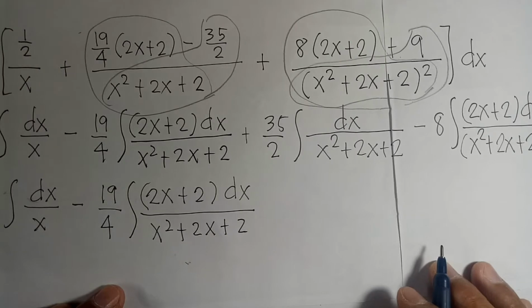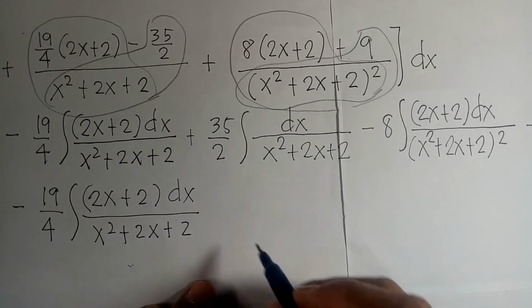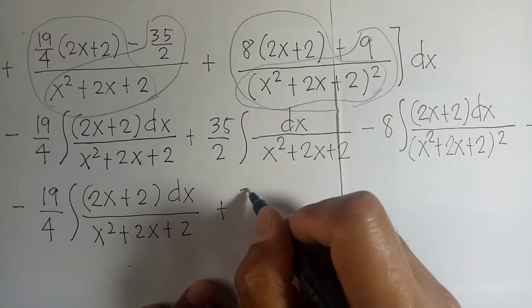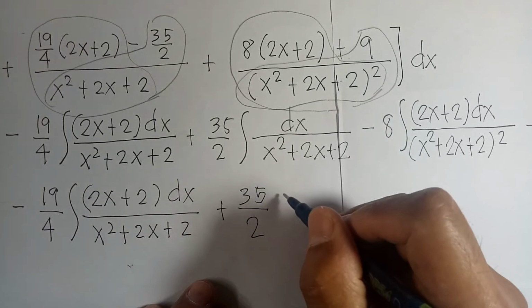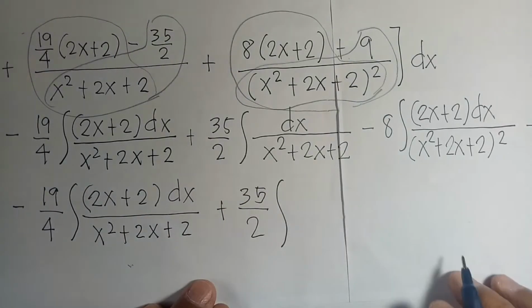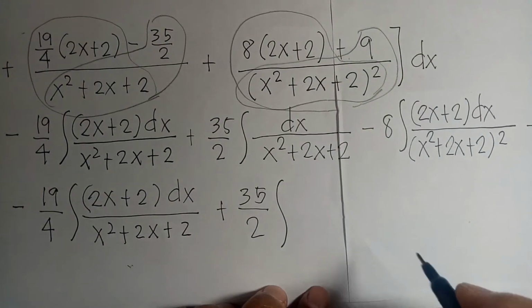And then plus 35 over 2. So dito tayo magkakaroon ng completing the square.